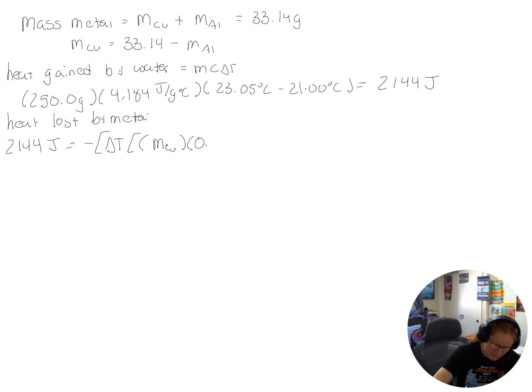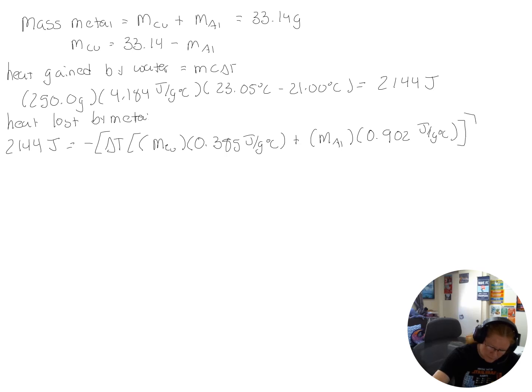All right, and so I get that delta T, and so I get the mass of my copper times the specific heat capacity, 0.385, plus the mass of my aluminum times the specific heat, which is 0.902. Okay, and so it looks like that.